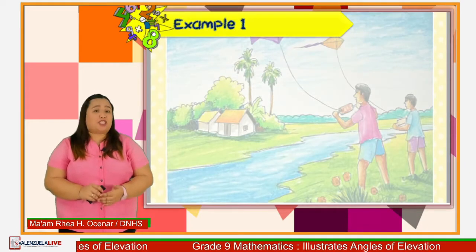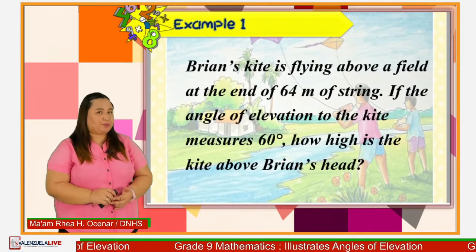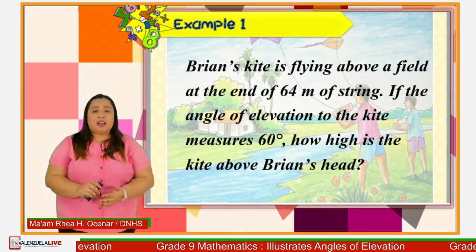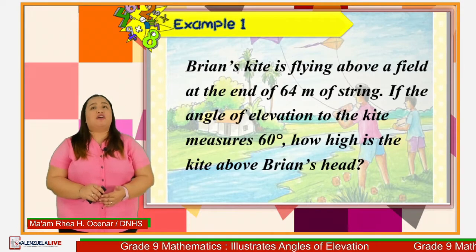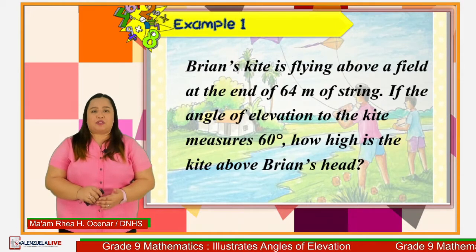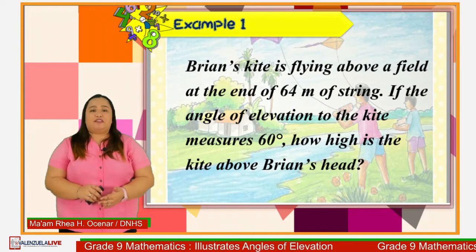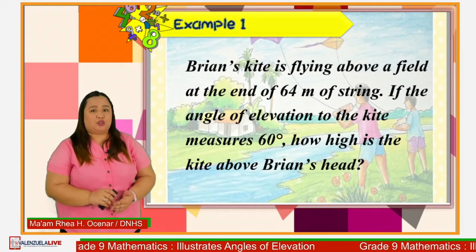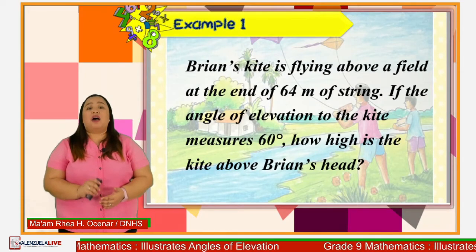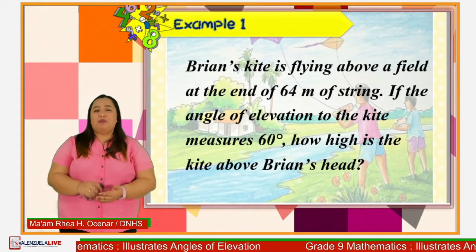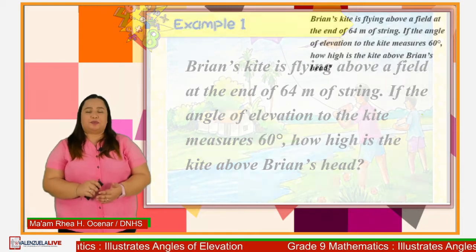Let's try example number 1. Brian's kite is flying above a field at the end of 64 meters of string. If the angle of elevation to the kite measures 60 degrees, how high is the kite above Brian's head?